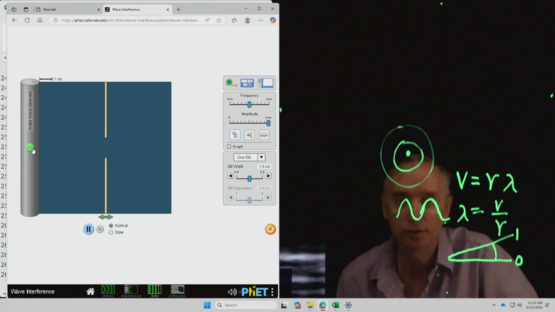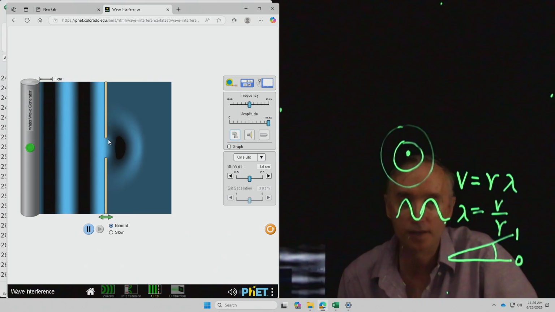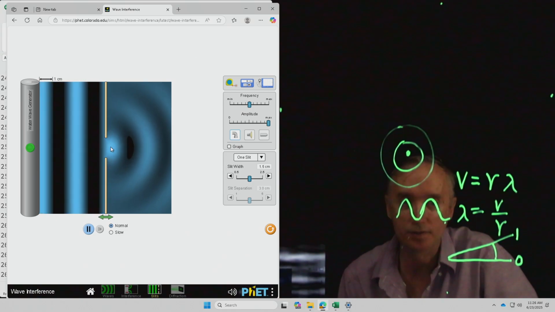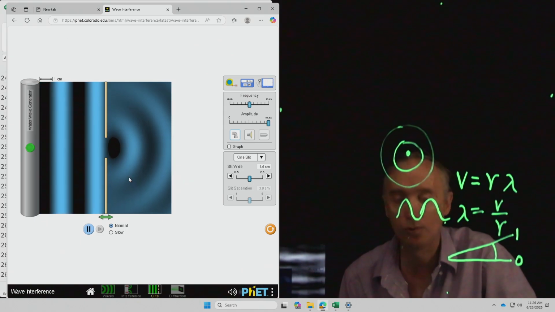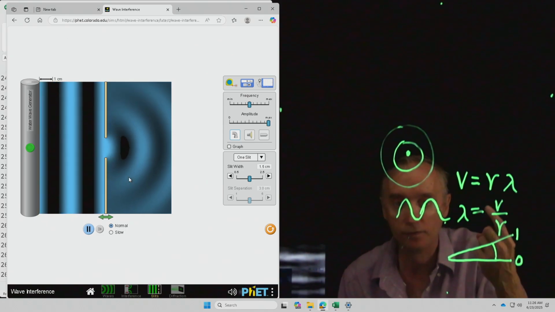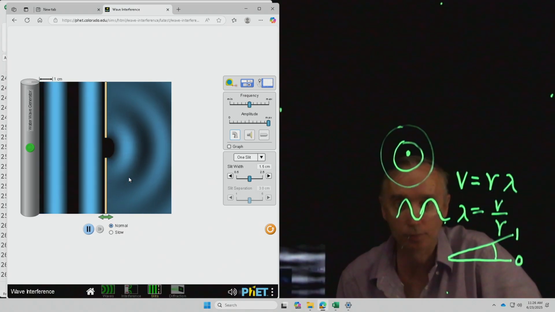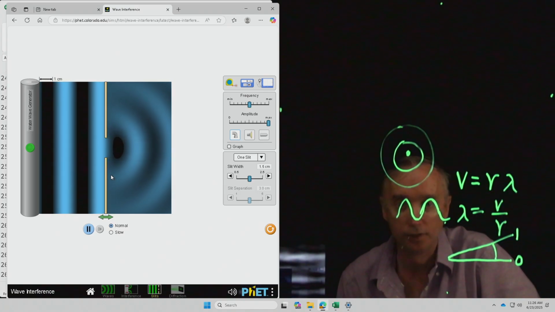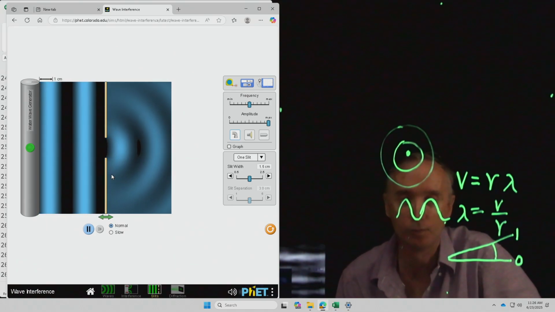So let's go ahead and turn it on just to see what happens. So these are like water waves, and as they go through the single slit, do you see how they're spreading out? Well, that's equivalent to one faucet. One faucet dripping is going to produce circular waves like that. Okay, but we're not interested in one slit.